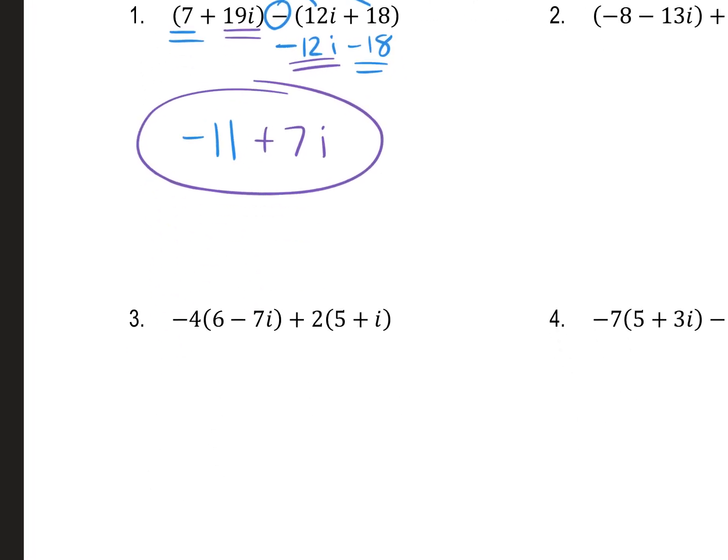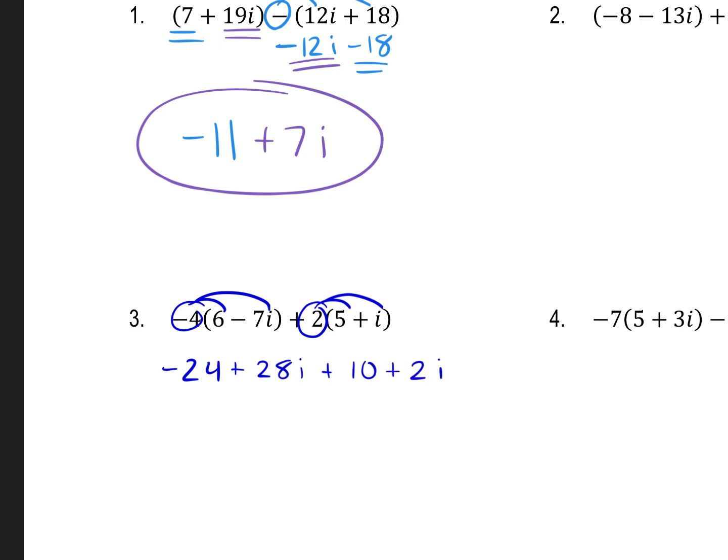Let's look at number 3. For 3, what should we do first? Distribute. So I'm going to distribute the negative 4 into the parentheses behind it and distribute the 2. So this turns into negative 24 plus 28i plus 10 plus 2i.